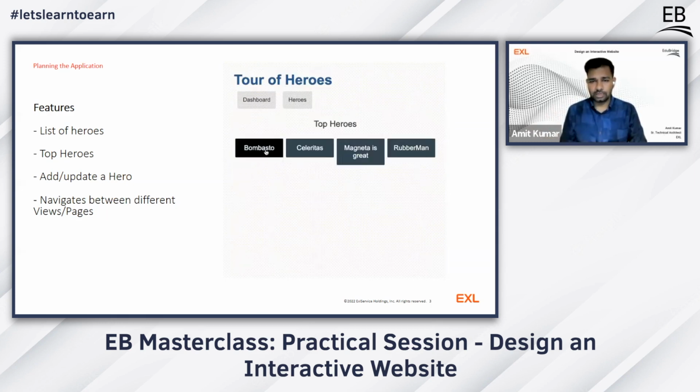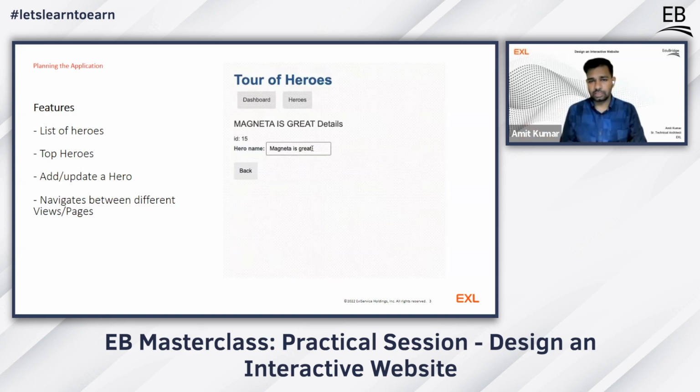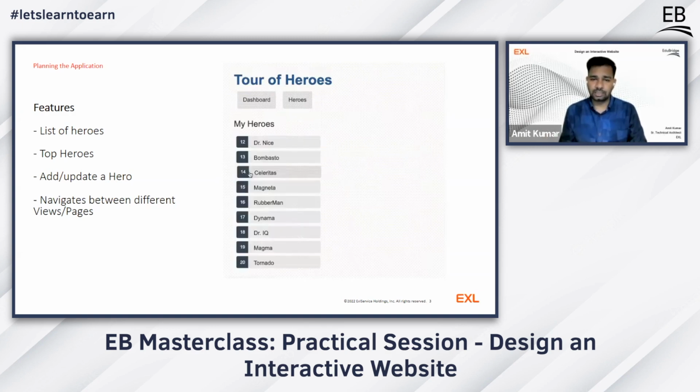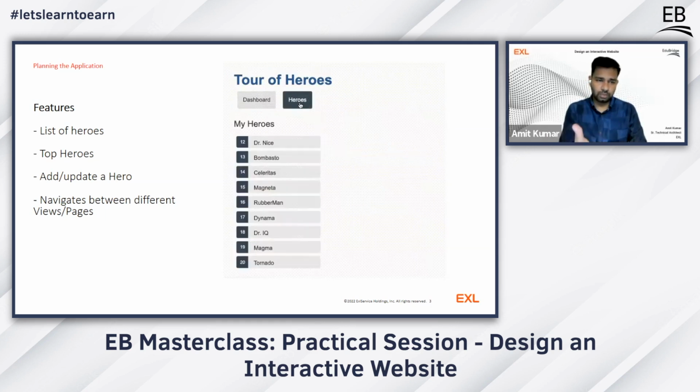When the user clicks on the dashboard, it shows a list of top heroes, and when the user clicks on heroes, it gives a list of all the available heroes. If you pick anyone, you can see a detail page, and you can add a new one. There are some more features available here, and that's why I listed them in the left-hand section.